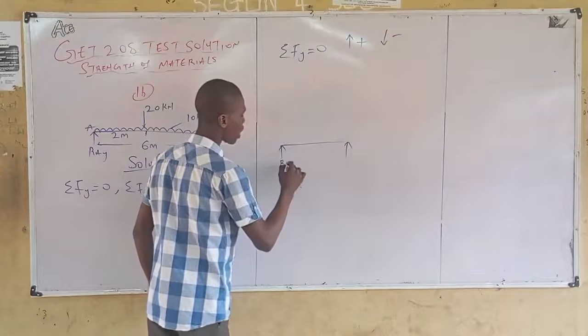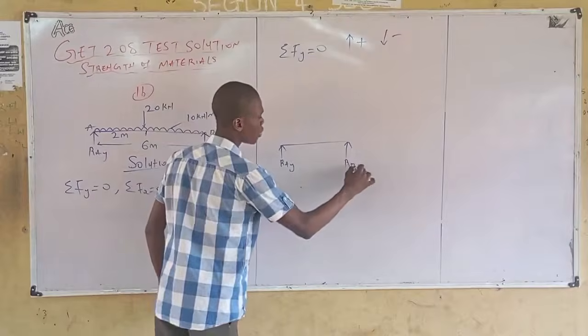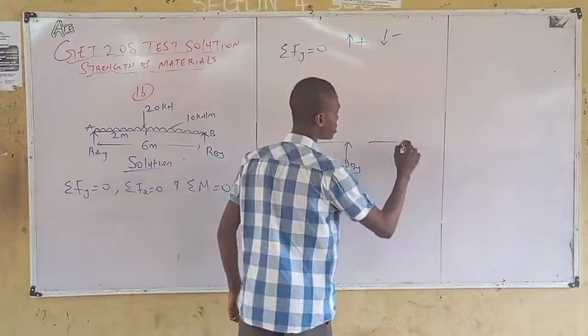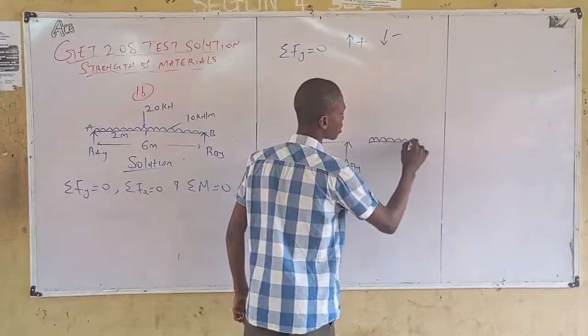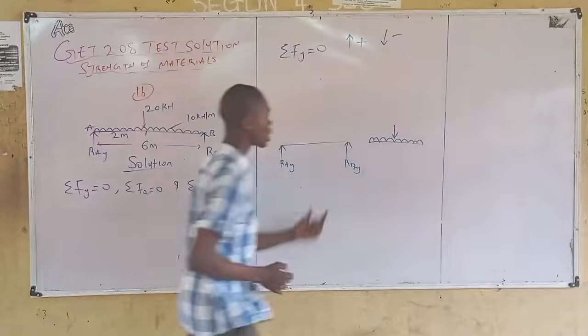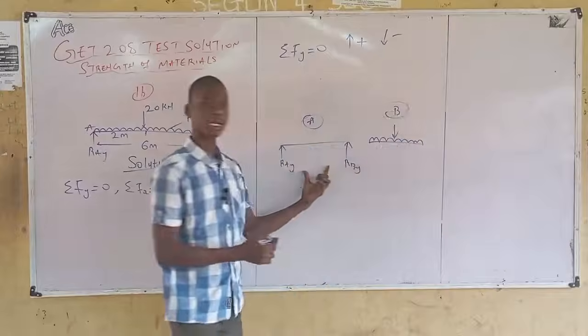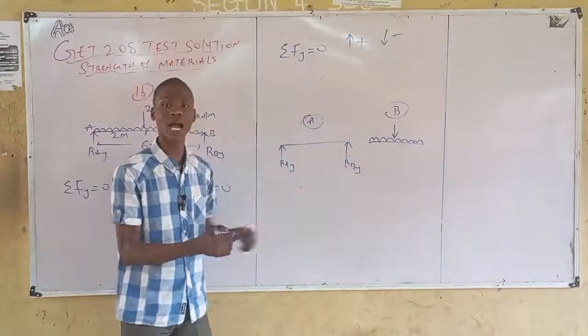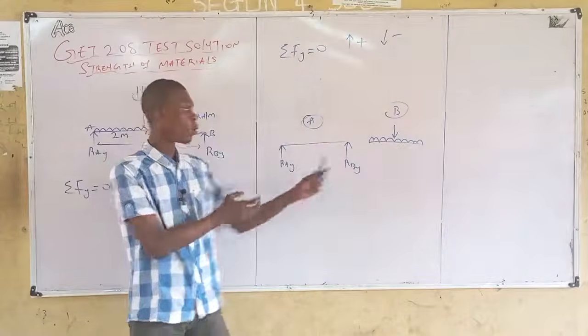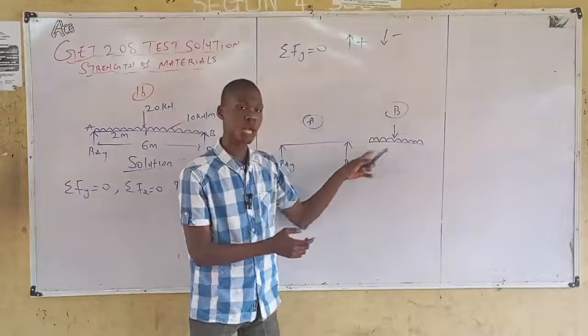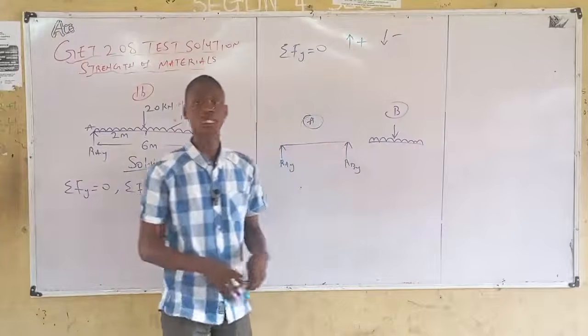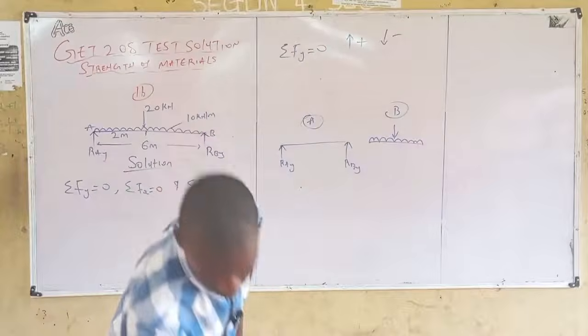This is your RAY and this is your RBY. Call this A, call this B. From A, it means RAY and RBY are acting upward, right? While at B, this point load and this U.D.L are acting downward. So that's what we are saying.